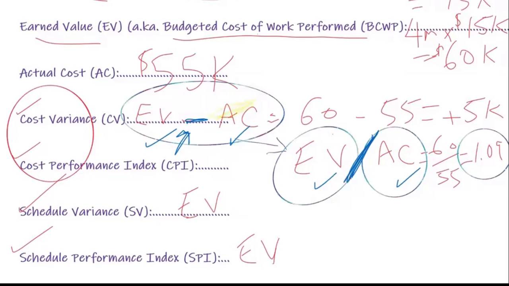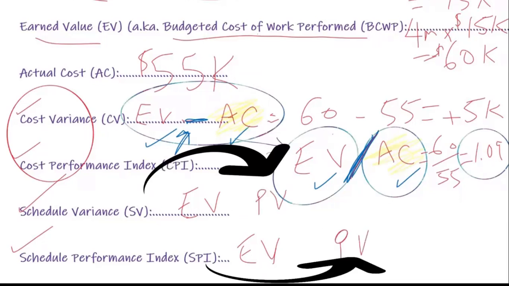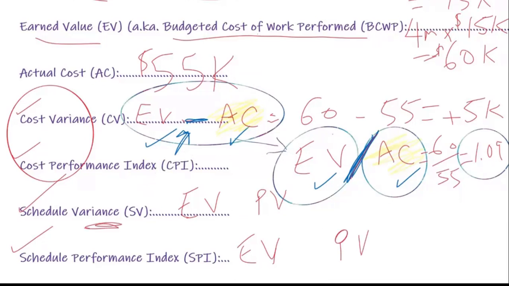The ones that have to do with planning, which is schedule variance and schedule performance index, they end up with plan value. Variance is minus, index is divide.